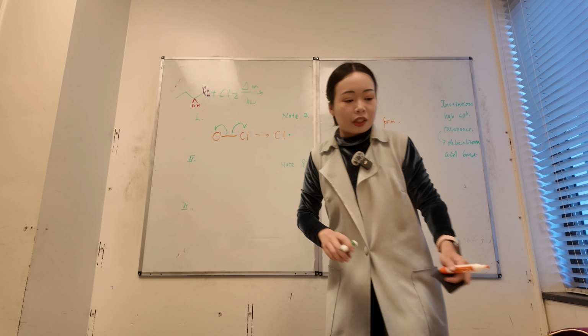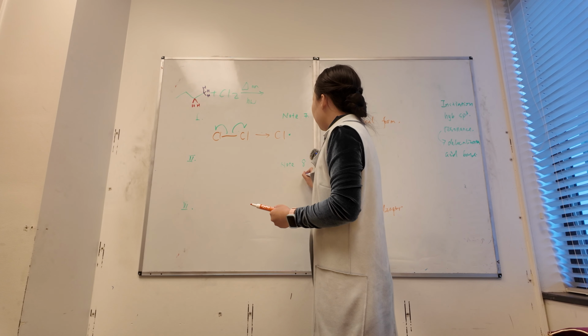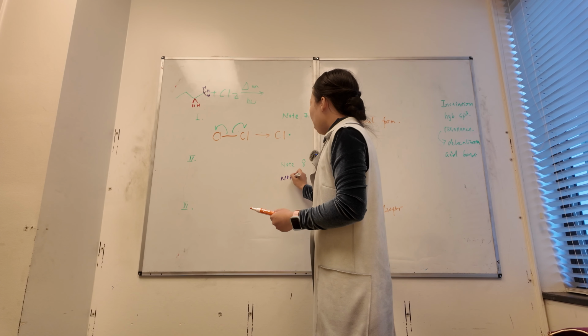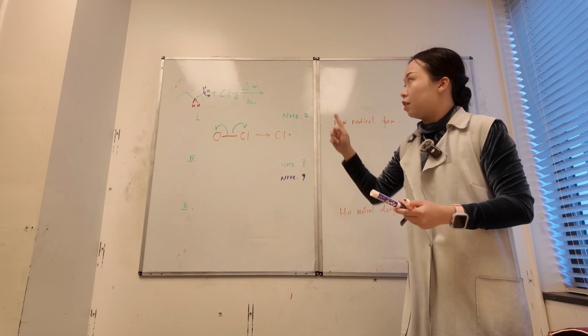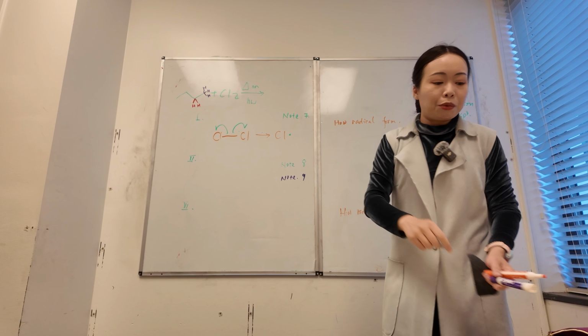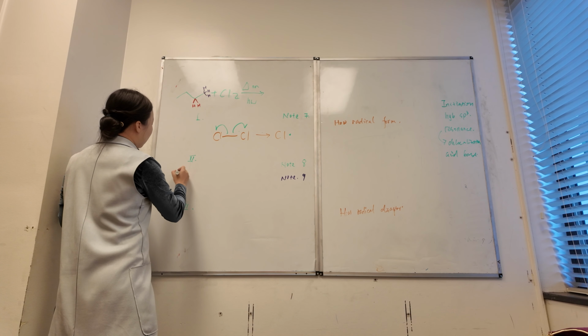More of this will be on note 9, but if you are practicing mechanism, we are still on note 7. We can just do a small practice with mechanism writing, which I hope everyone can do.